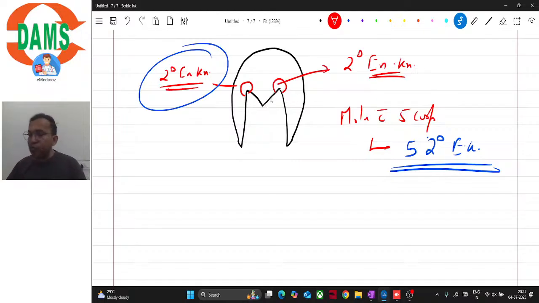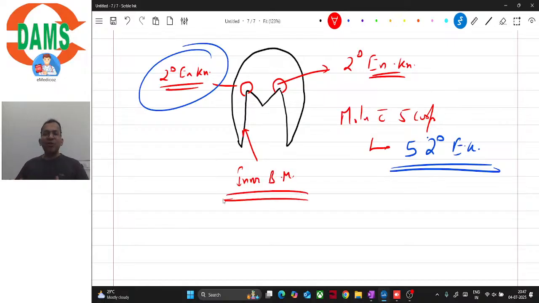Now, can we visualize the future shape of the tooth from this inner basement membrane? This here is the inner basement membrane. So we can easily visualize the shape of the future tooth here, isn't it?